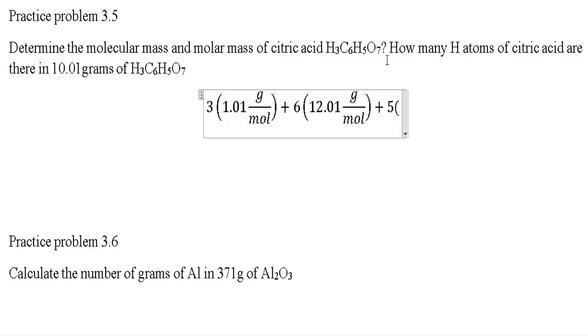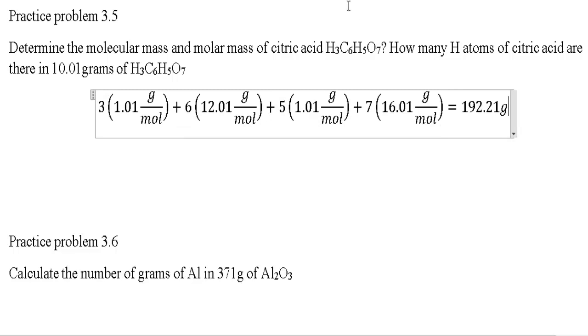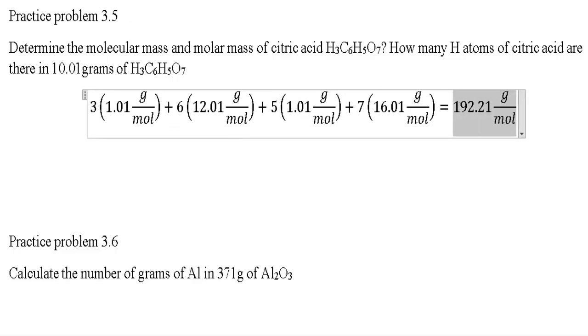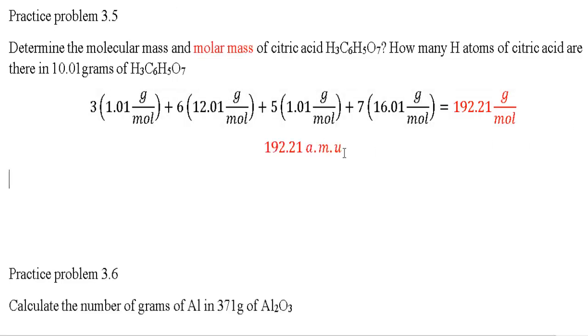That's also 1.01 grams per mole, total of 8 hydrogens. 7 oxygens. So this is about 192.21 grams per mole, and I'll call this in red here, that would be your molar mass in grams per mole. The molecular mass would be 192.21 AMUs. So let's put this in blue, and that would be your molecular mass.